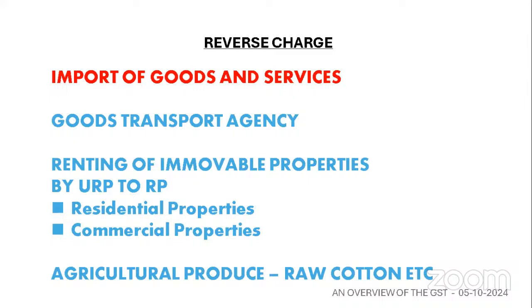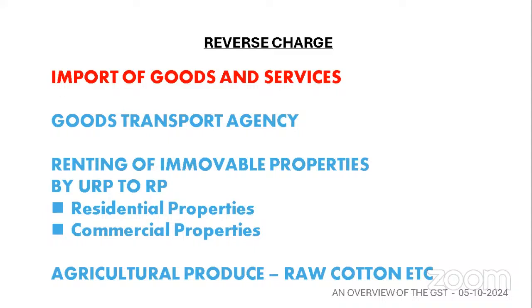Therefore, in this case, as the turnover is less than 20 lakh rupees, that is the rent received is only 12 lakh rupees, that person did not get registration under the GST law. So the landlord is rendering the service of renting of immovable property to the businessman. The businessman is buying the rental services from the owner. The value of the services purchased is 12 lakh rupees.